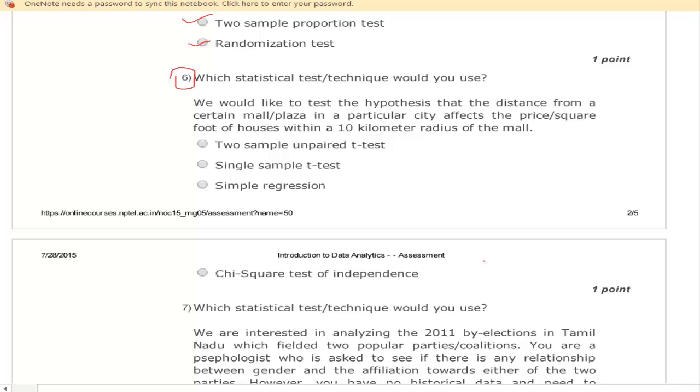Okay, and finally you have the chi-square test of independence. The chi-square test of independence is really used when you have 2 categorical variables, something like gender versus pass rate. It can have more classes also.